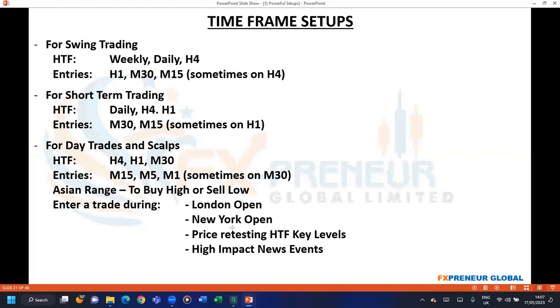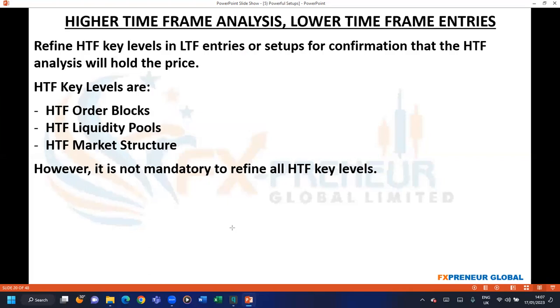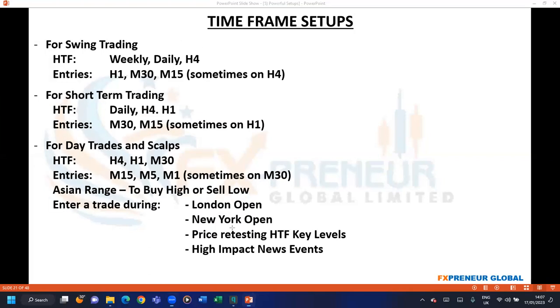But remember, irrespective of the setups and where you get your entries from, you'll have to enter your trade during the London Open. During the London Open, this is when the high or the low of the day is being set. Afterwards, you look for a setup between 8:45 to 10:45 GMT+1.